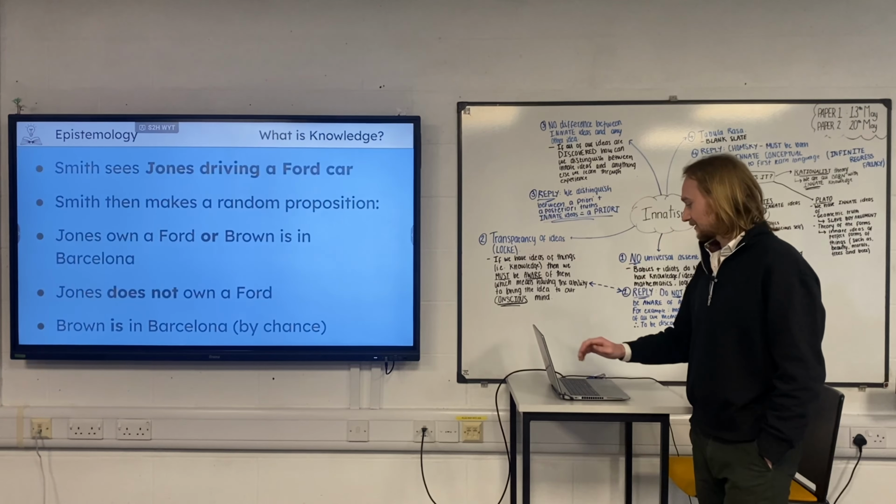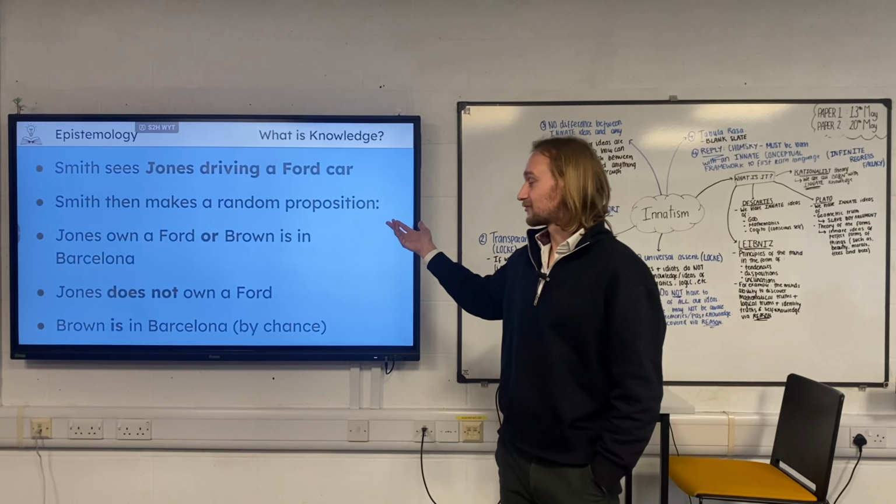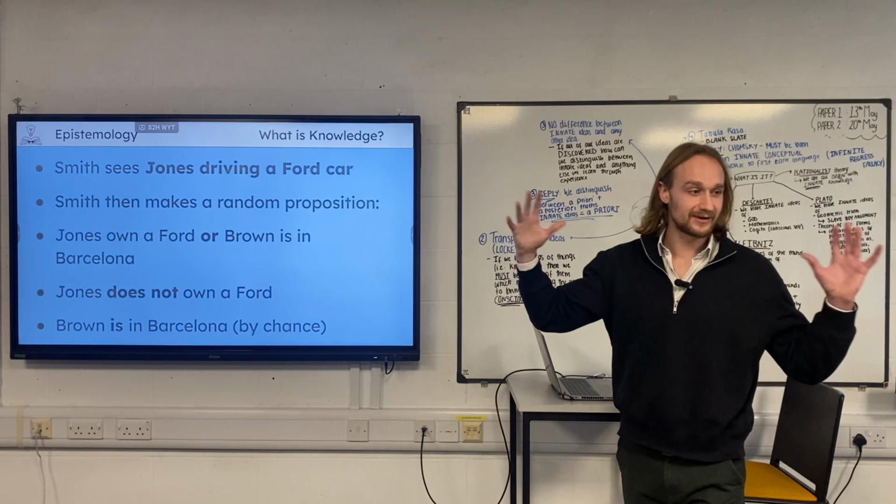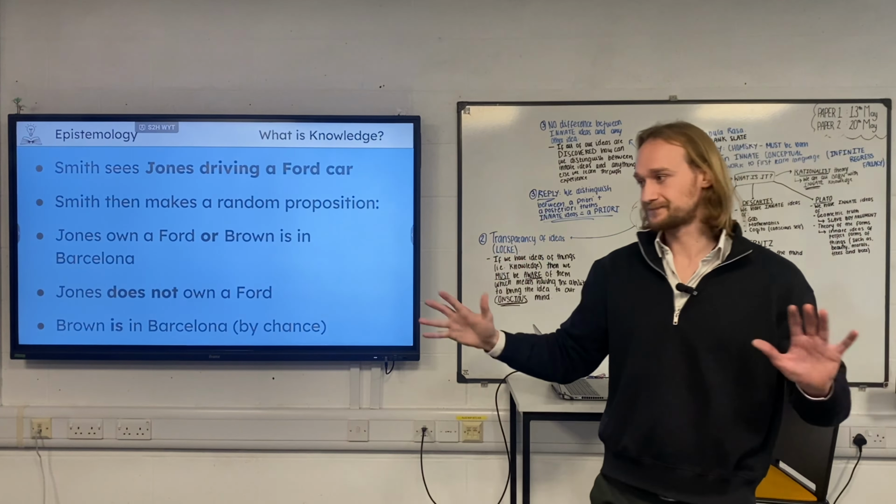Second one, Brown in Barcelona. Smith sees Jones driving a Ford. Okay? So Smith makes this random proposition. He says either Jones owns a Ford or, randomly, just picking out of nowhere, Brown is in Barcelona.